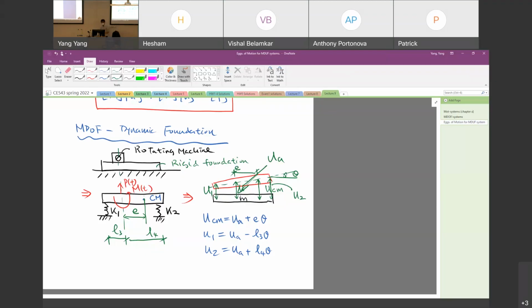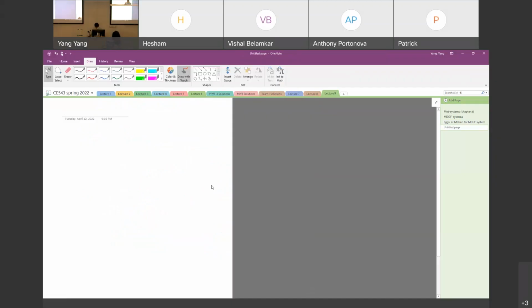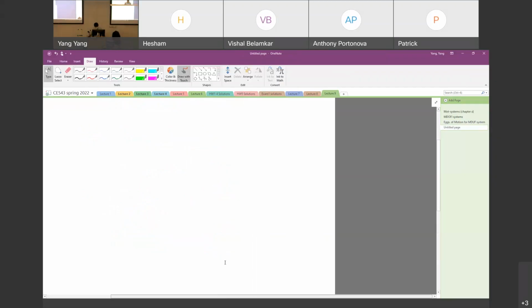The other displacements are related to these two degrees of freedom. So now let's draw the free body diagram.